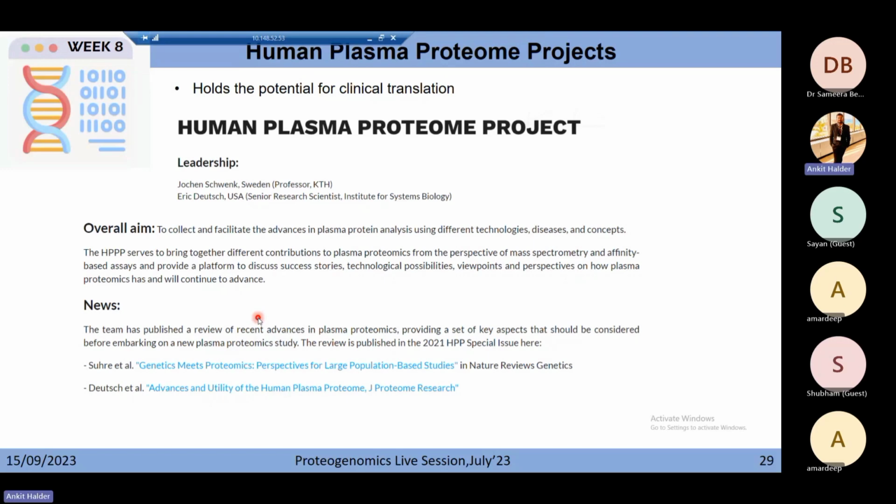But if you have human plasma, having a biomarker from plasma or serum is quite helpful, and it helps in clinical translation in a much better way. So that's why having a Human Plasma Proteome Project is quite necessary in that aspect. Plasma and all those things are now also being used, so you can go and read about it for different diseases.